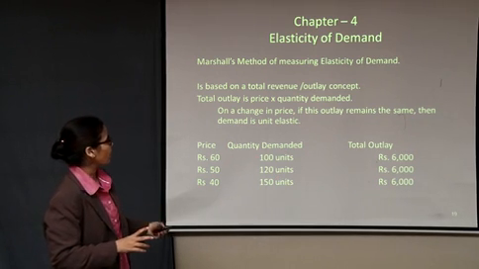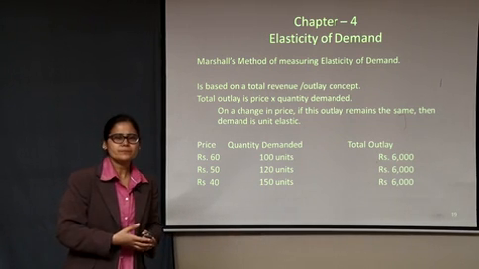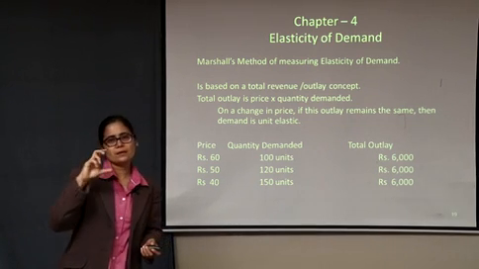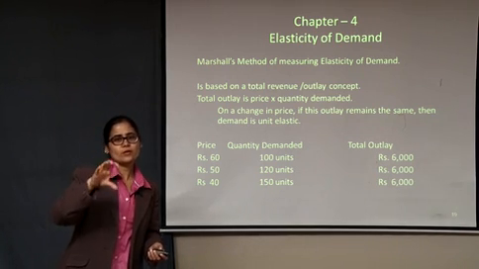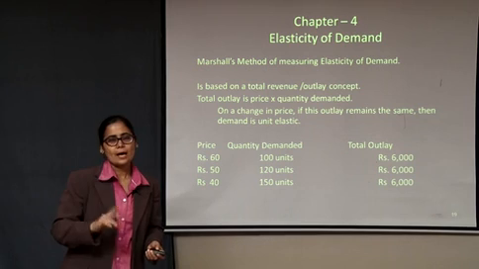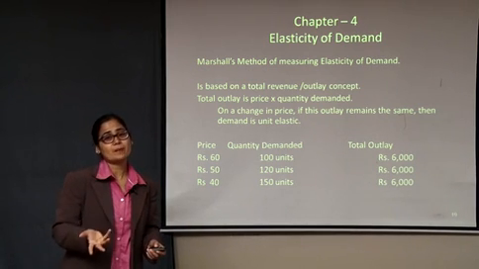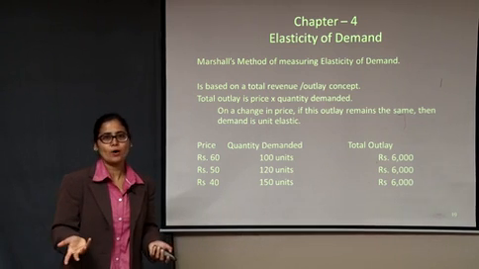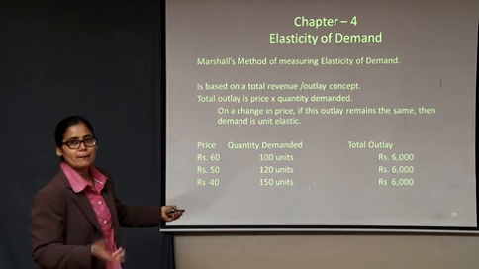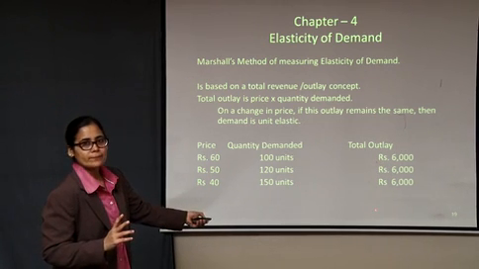Price multiplied by quantity gives you total outlay. It's as simple as this: if one glass of tea costs you 10 rupees and you order 3 glasses of tea, what will be the total expenditure? 30. Price multiplied by quantity. So it is that simple, P into Q, and this will give you total outlay.